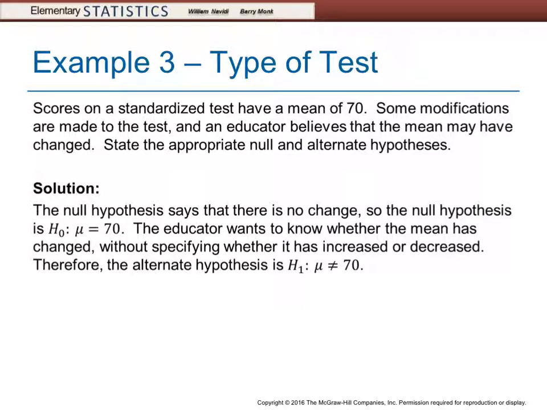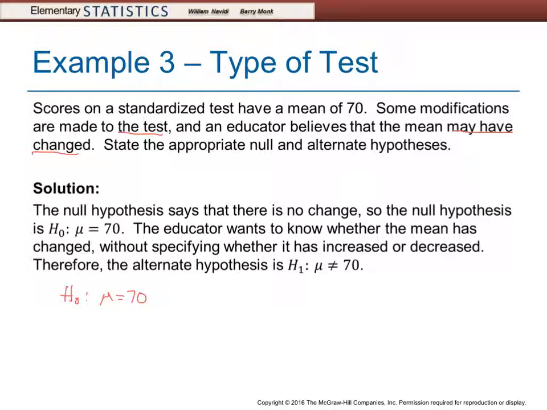Scores on a standardized test have a mean value of 70. This is our third example. Some modifications are made to the test, and an educator believes that the mean may have changed. State the appropriate null and alternative hypothesis. So a key phrase here is may have changed, based upon the modification of the test, right? So our initial condition, again, is mu is equal to 70.